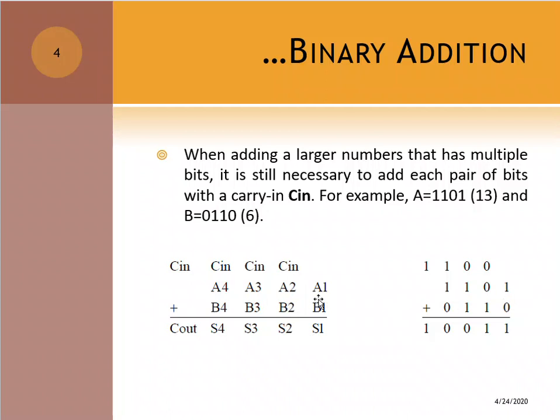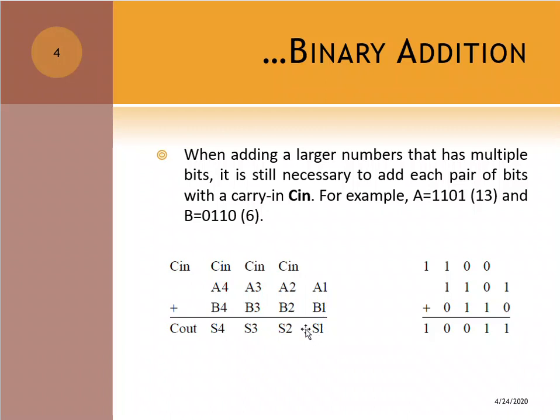After you arrange, try to see here. Starting from your right, the bit is known as A1, then followed by A2, A3, A4 as we move to the left. The same goes for B: B1, B2, B3, B4. When we add the first bit of A with the first bit of B, we are going to get S1.